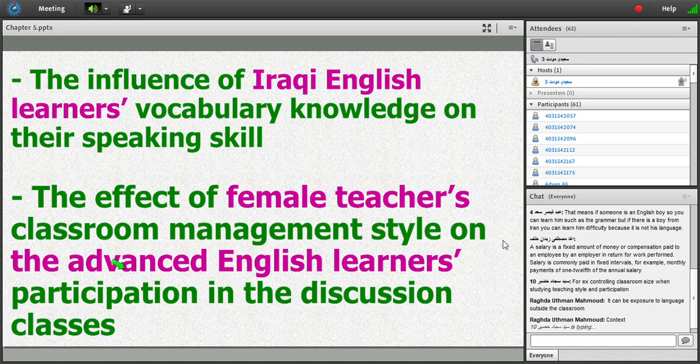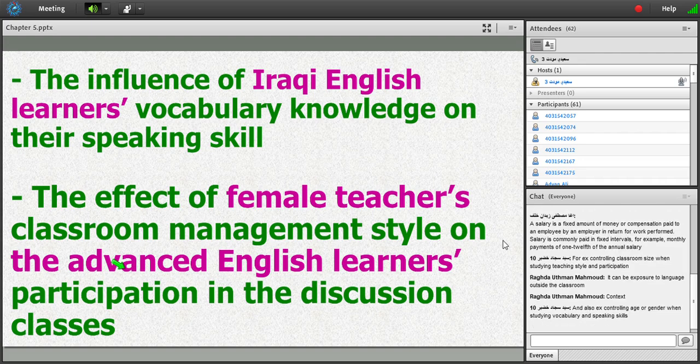Exposure to language outside the classroom. That's right, exactly. This can be a control. For example, I include just those students who do not have exposure to English outside the class because I don't want this factor to influence the dependent variable. The context is important, that's right.